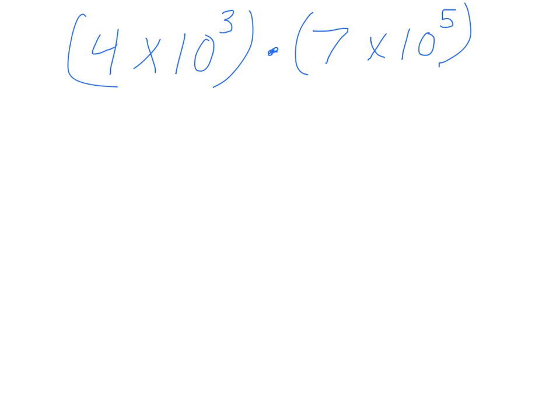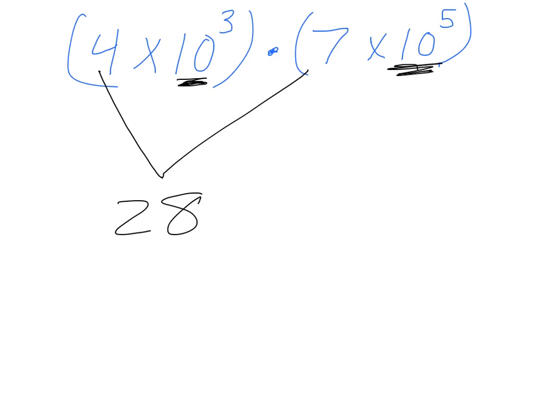I just want to throw this problem in there for kicks. Here we go. If ever you're multiplying two numbers that are written in scientific notation, again, multiply the number with the number. You've got 28. And multiply, well, I guess this is a number, but you can treat it like a variable because they're like bases, and you can add these exponents. If they're like bases, let's keep that base the same. That's 10, and then raised to the 3 plus 5 is 8.